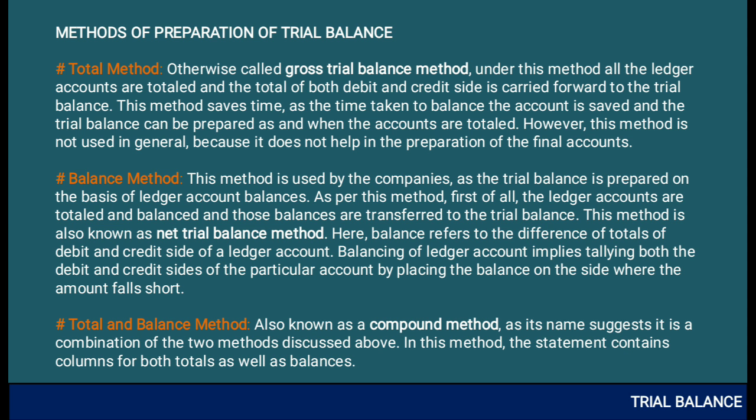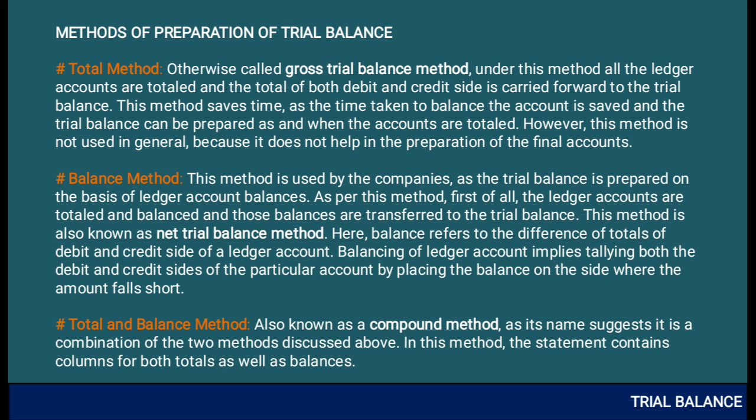So we prepare our trial balance by three different methods. First is the total method, second one is the balance method, and third one is the total and balance method. In the total method, we transfer the total of the debit side and the total of the credit side the same as it is into the trial balance.